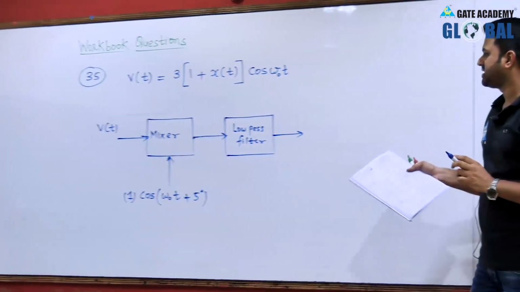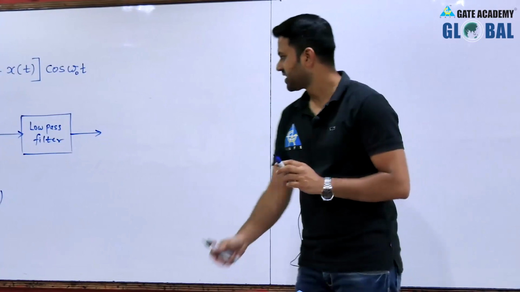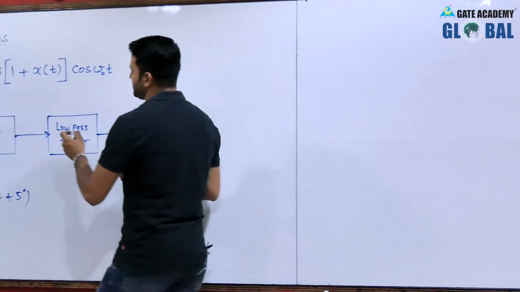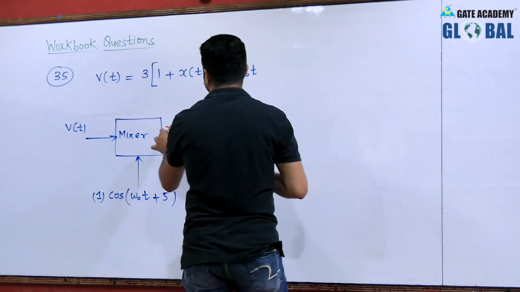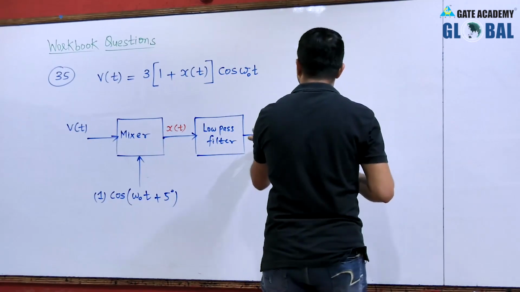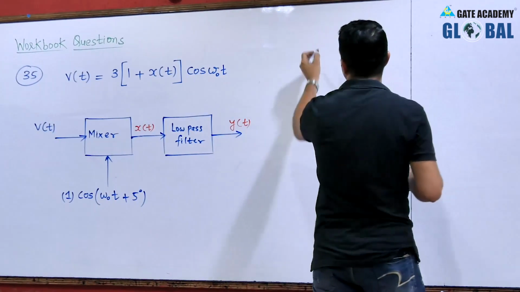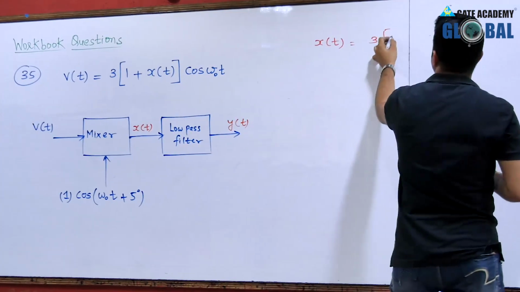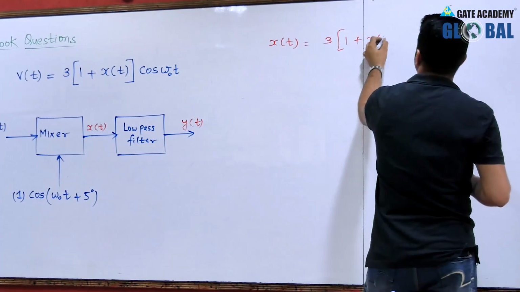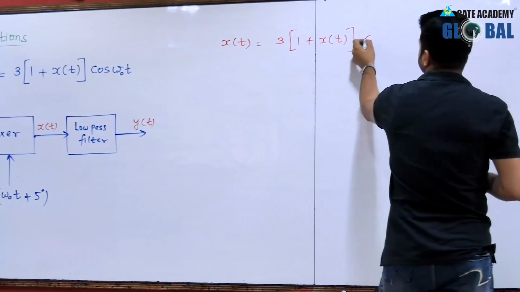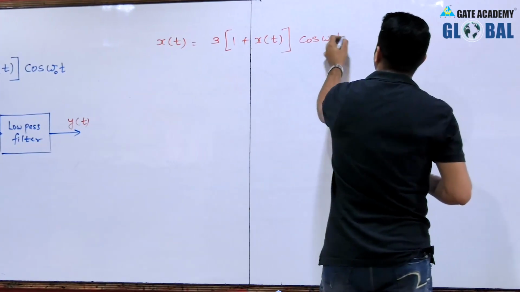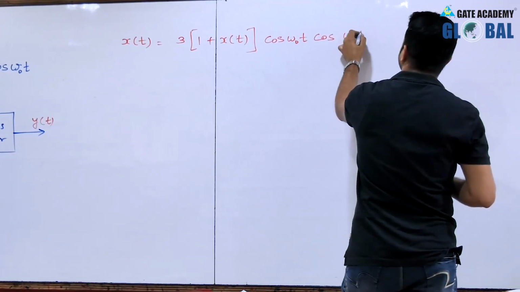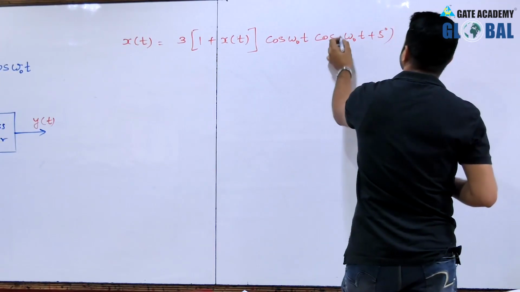So, what is the spectrum at the output, it is asked. As we do in the case of a synchronous detector, let us find the value of y of t and then take the Fourier transform. So, y of t equals 3 times 1 plus x of t, multiplied with cos omega naught t and cos of omega naught t plus 5 degrees.